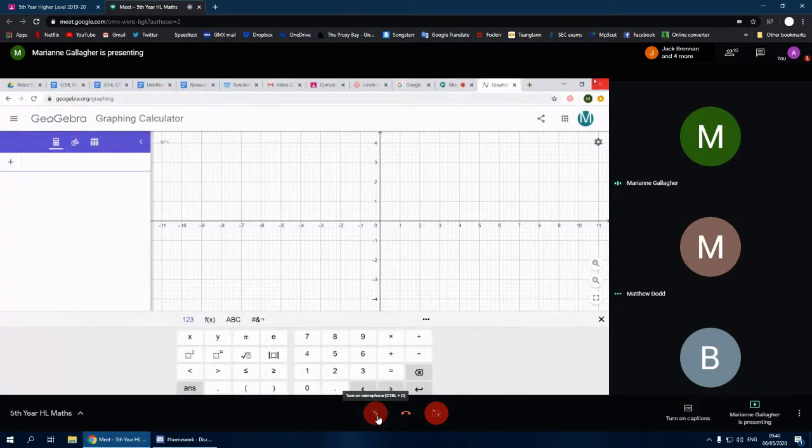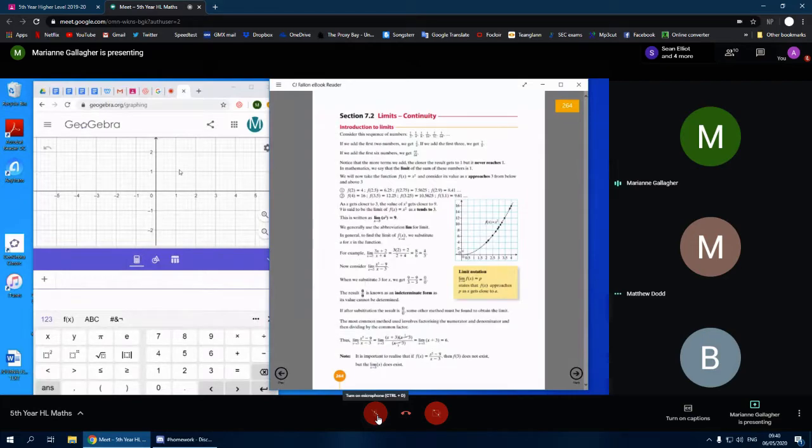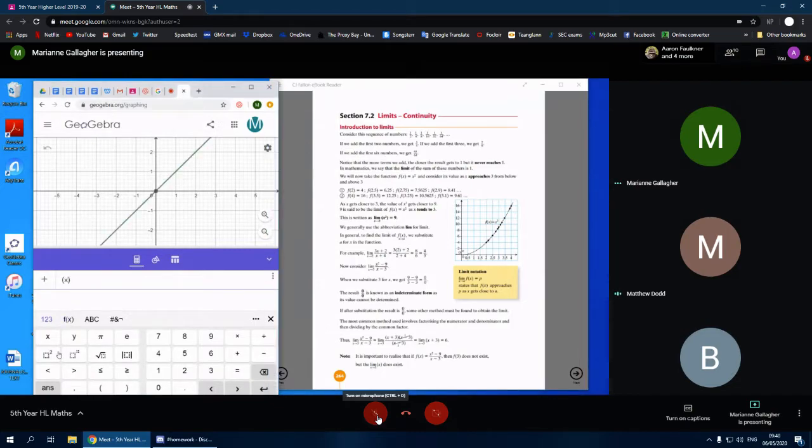Right, if I want to put in the function from that previous one, it is x squared minus 9 divided by x minus 3.